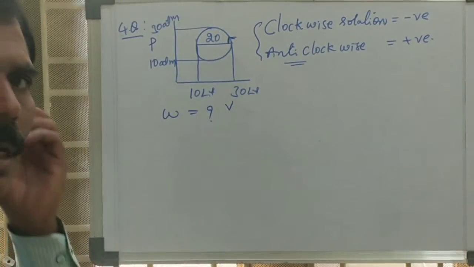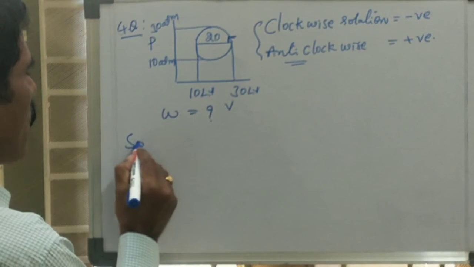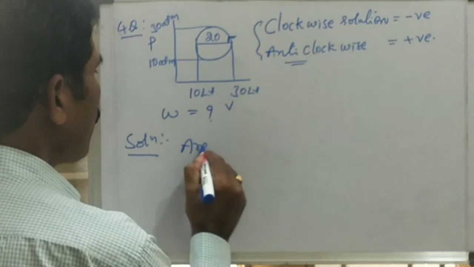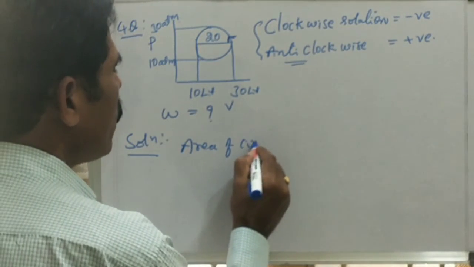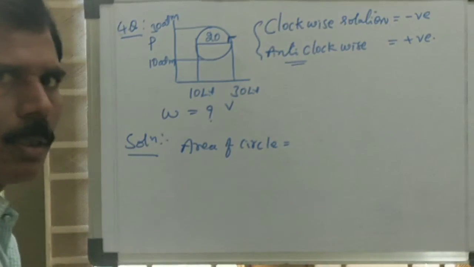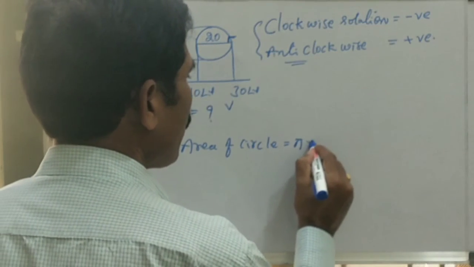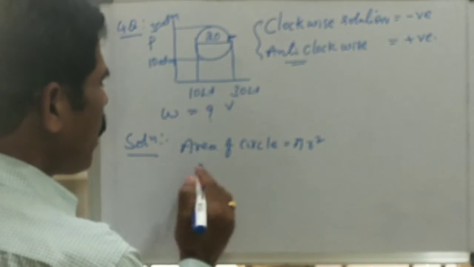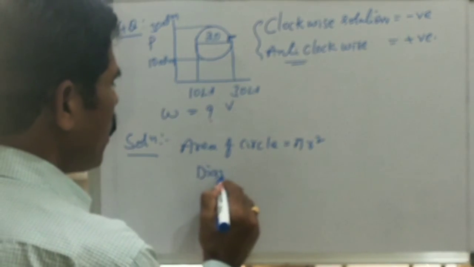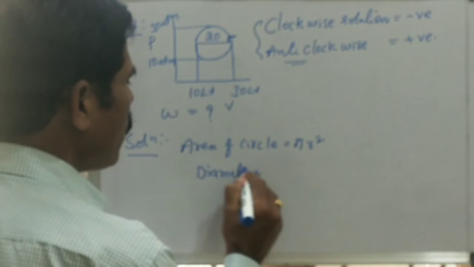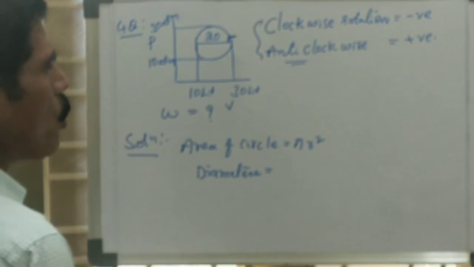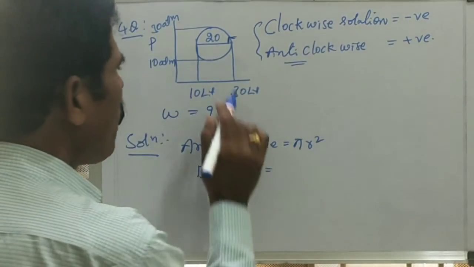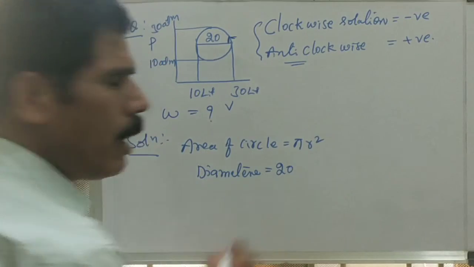Now we are going to solve the problem. Solution. Area of circle is equal to pi r square. And diameter of circle is equal to, how much they have given? 30 minus 10, approximately 20.